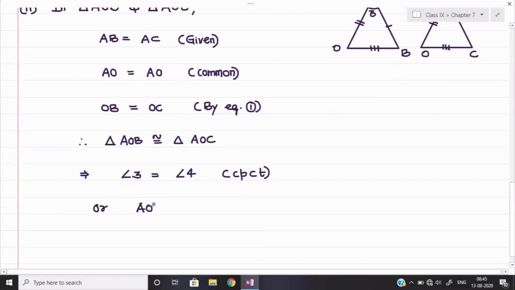AO bisects angle A. Okay, and here we can say that we have proved the second part. So this completes the proof of the whole question.